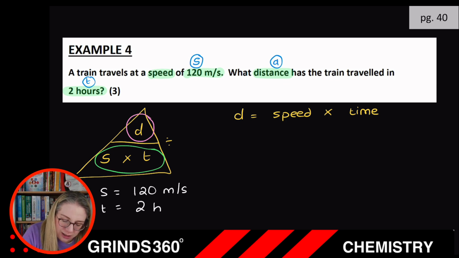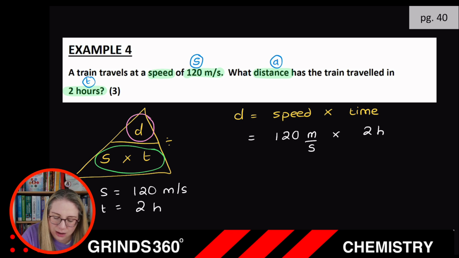If I was to come along and substitute in here, I have 120 meters per second multiplied by 2 hours. Can anyone see a problem with that? The units for time are not the same. Because the speed is given in meters per second, we also have to include the time in seconds.